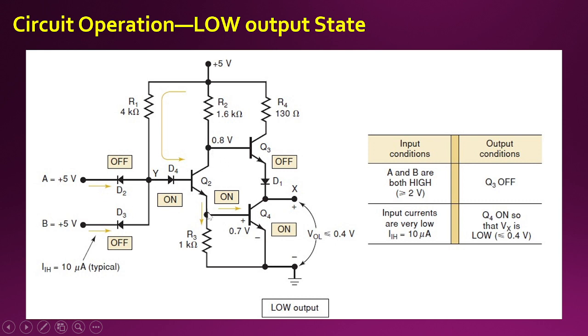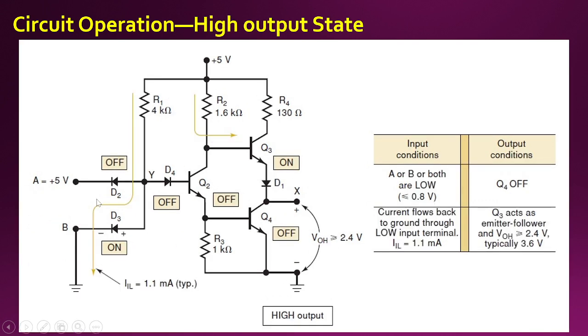So this particular transistor will be switched off and the output will be virtually cut off from the internal supply voltage, and since Q4 is switched on, this terminal X will get connected directly to the ground and we will get a low output. As we all know, it is the only situation in case of NAND when the output is low, that is when both the inputs are high.